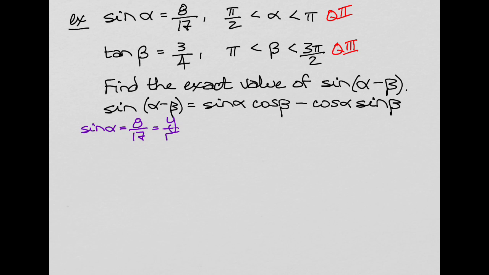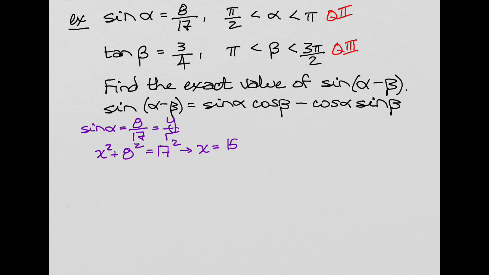Pythagoras has been kind of lurking in the background for a while here, but time for him to come back out. So I got x squared plus y squared, which is 8 squared, equals r squared. And if we do a little squaring, a little subtracting, and a little square root, we're going to get the value of x is 15.